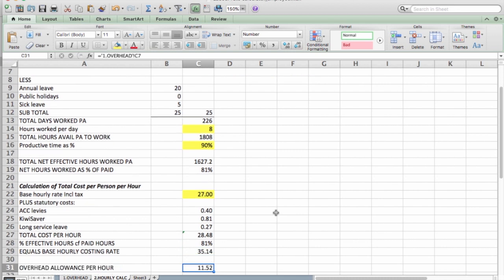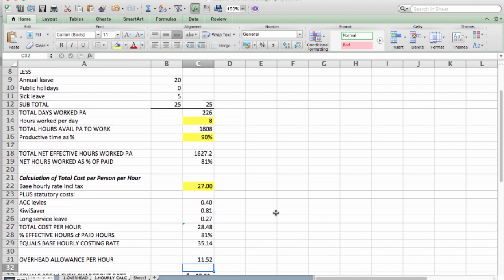Then we obviously talk about, dragging from the other page there, the overhead allowance. If you are looking to recover your overheads in the labour charge out rate that you apply to your jobs, which we talk about 1150 odd.